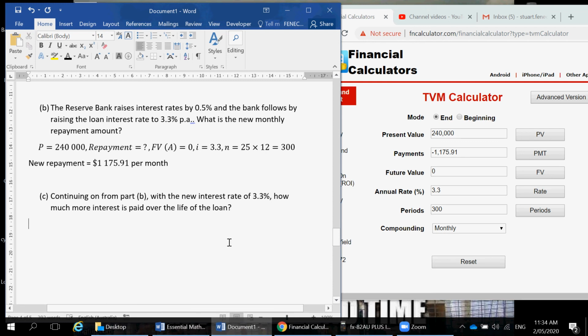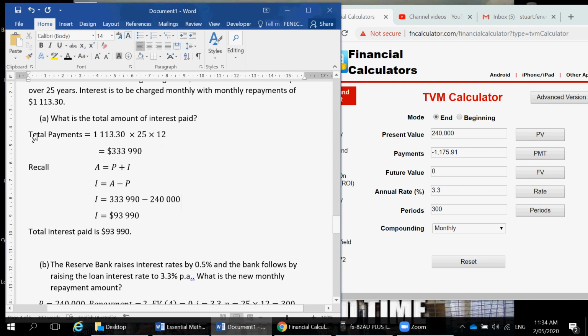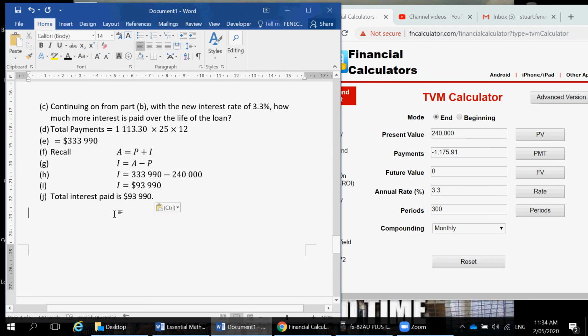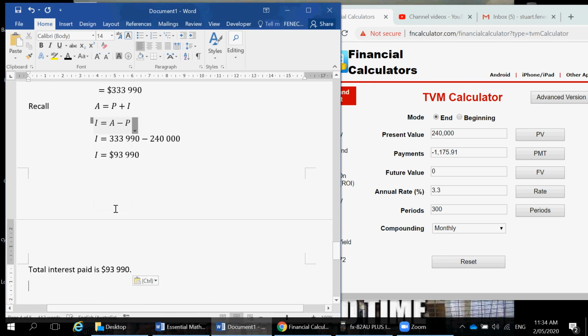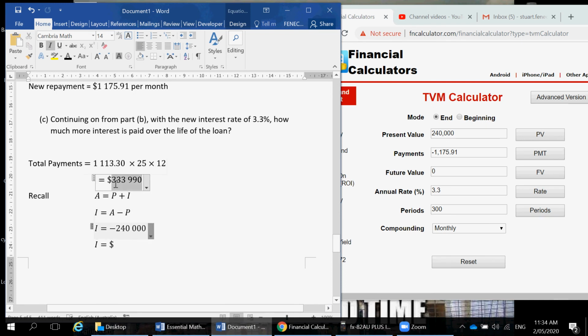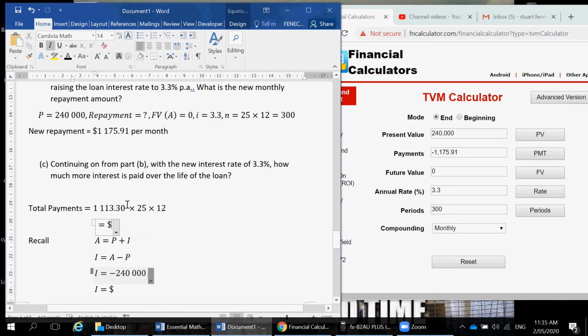So we need to again work out the amount of interest under this new repayment. I'm going to cheat somewhat. I'm going to copy our working from the previous section if it decides to paste in correctly. So I'm just going to delete some values. So this time the repayment's been increased.